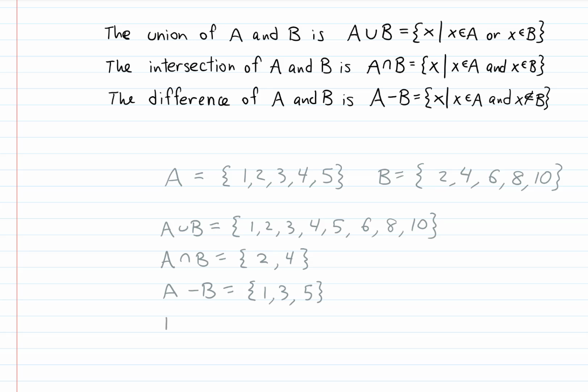Okay, and for practice we better do B minus A too. Find that difference. What would that be? The stuff that's in B, but not in A. That would be 6, 8, and 10, right? Okay. So that's not too hard, is it?